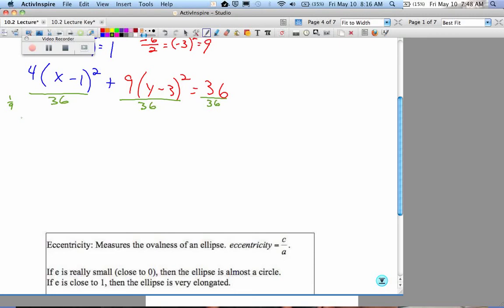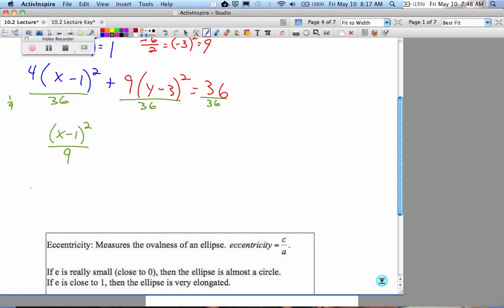In math, if you're multiplying by a fraction, you could really divide by its reciprocal. So instead of multiplying by 1/9, I can take x minus 1 and divide by its reciprocal, 9.